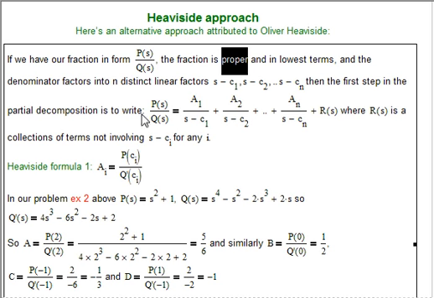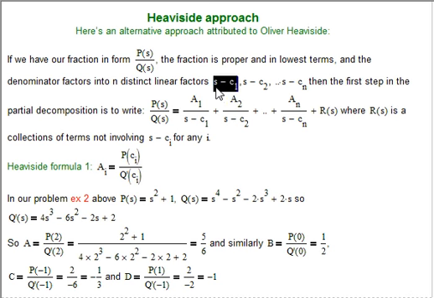And in lowest terms, and the denominator factors into n distinct linear factors, s minus c1, s minus c2, dot dot dot, s minus c sub n, then the first step in the partial decomposition is to write P of S over Q of S just like we did before.